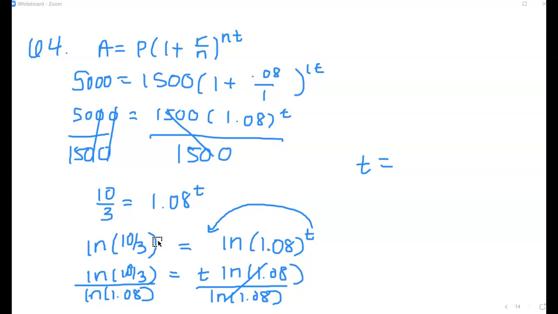And we get that our final answer, if my calculator would type, it just died, there we go. You get 15.644, and that would be years.